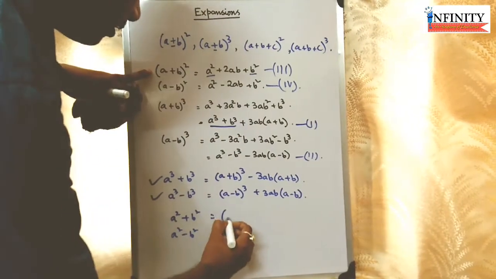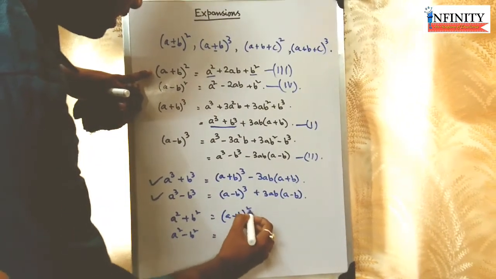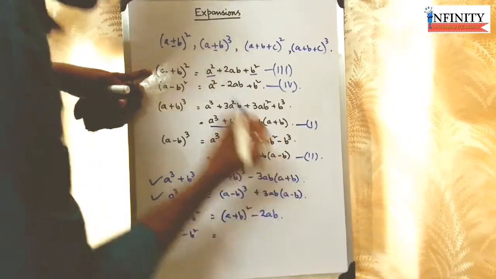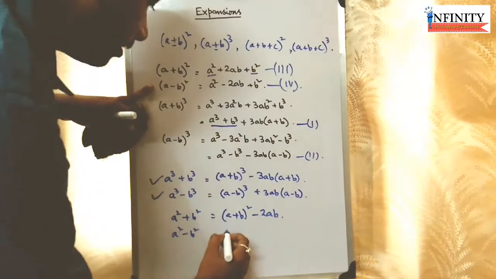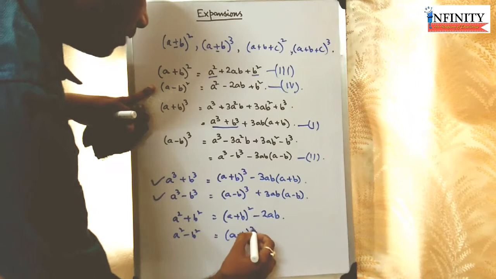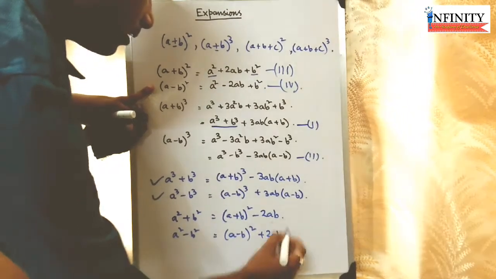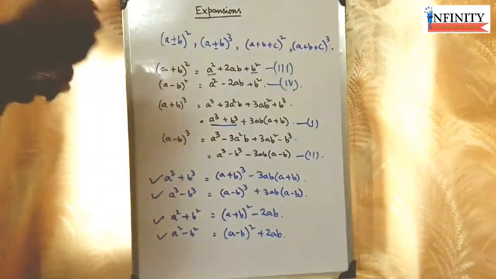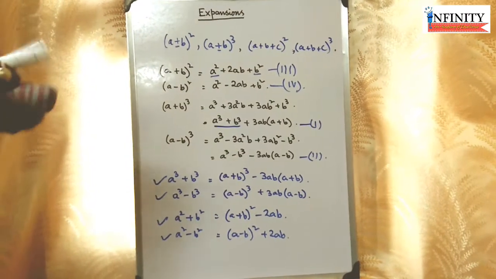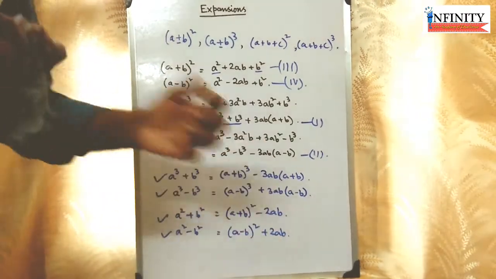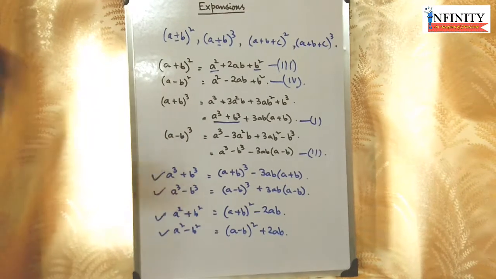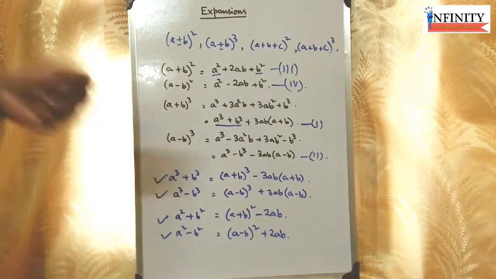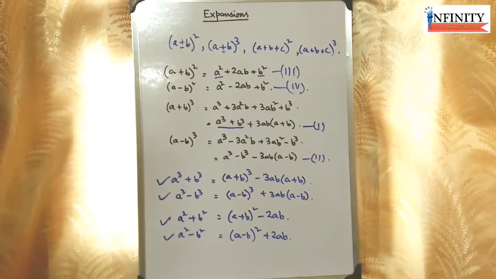It is nothing but (a+b)² − 2ab, and from 4 it will be (a−b)² + 2ab. Again we will follow these two formulae when a+b or a−b and the value of ab will be given, and you have to find the value of a² + b² or a² − b².